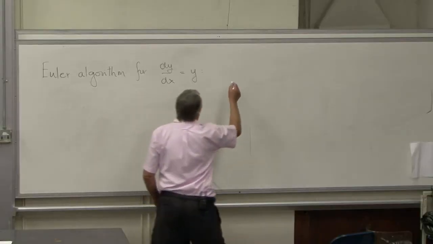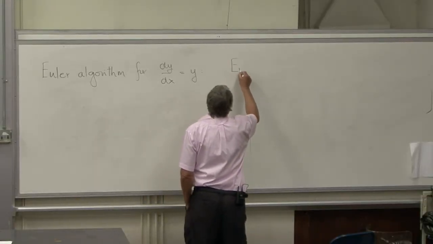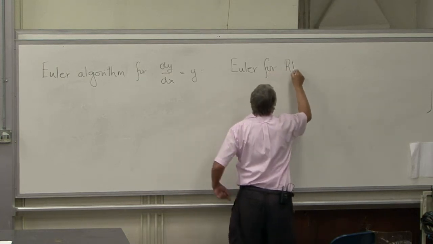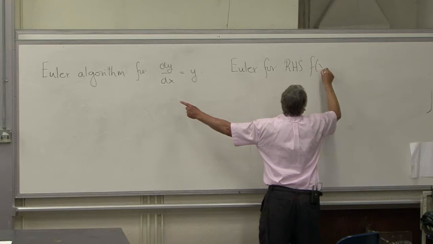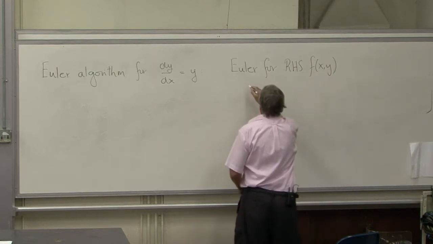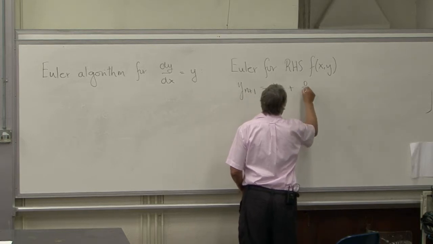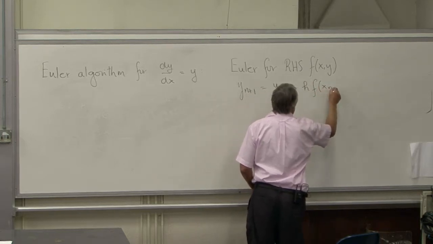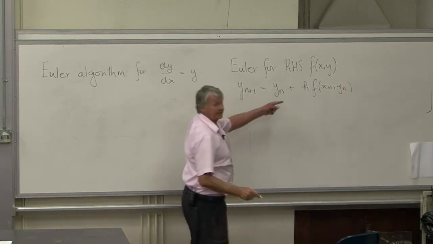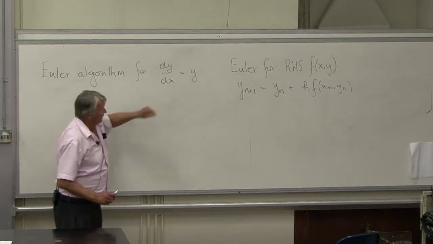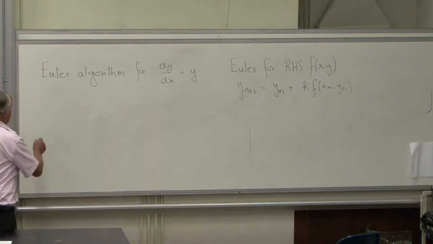The general Euler algorithm, for right-hand side f of x, y, was yn plus 1 equals yn plus h times f of xn, yn. We'll come back and I'll remind you how we derived that shortly. But now I'm just going to use it here to illustrate the various types of equations.